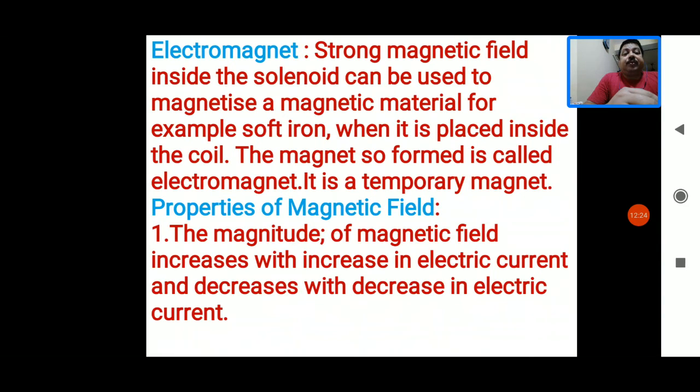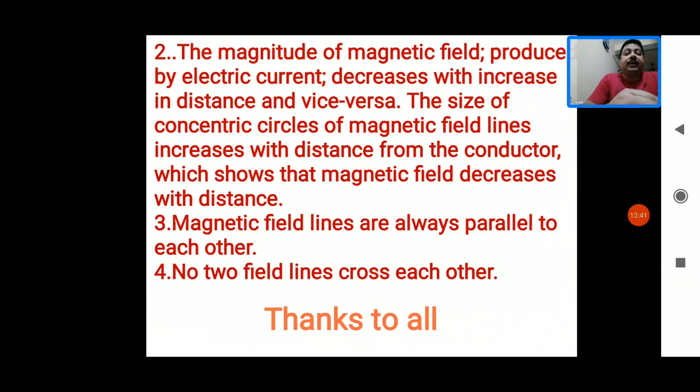There are a few properties of the magnetic field I have discussed already in the previous video. Number one, the magnitude of the magnetic field increases with increase in electric current and decreases with decrease in electric current. Second, the magnitude of the magnetic field produced by electric current decreases with increase in distance and vice versa.